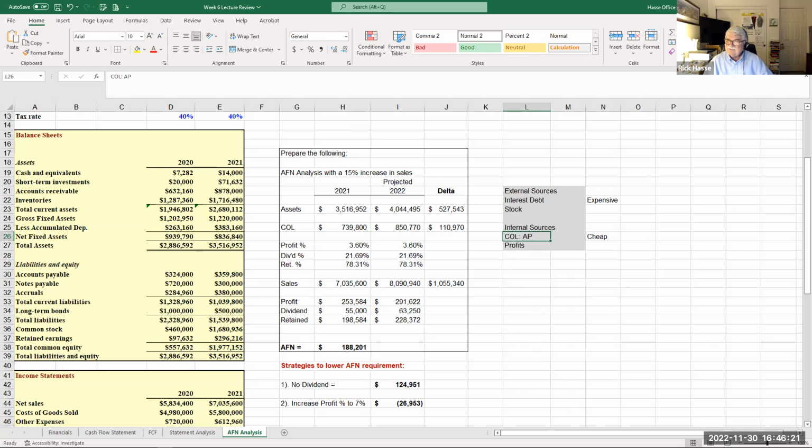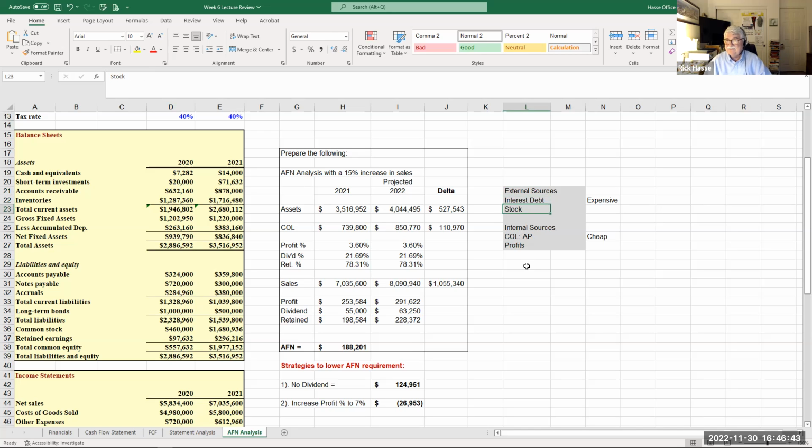But then there's external sources, and these are expensive. Remember, internal sources are no interest, and it's your own money. It's cheap.